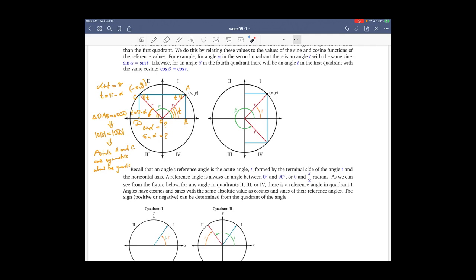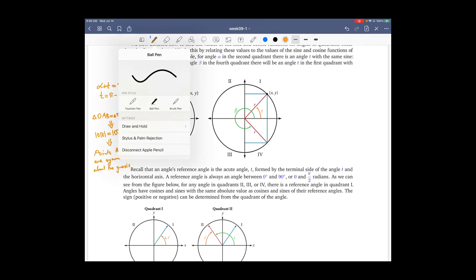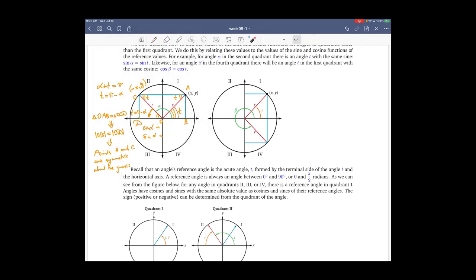In other words, cosine alpha, as the x-coordinate of point C, is negative of the x-coordinate of point A, but the x-coordinate of point A is cosine t.